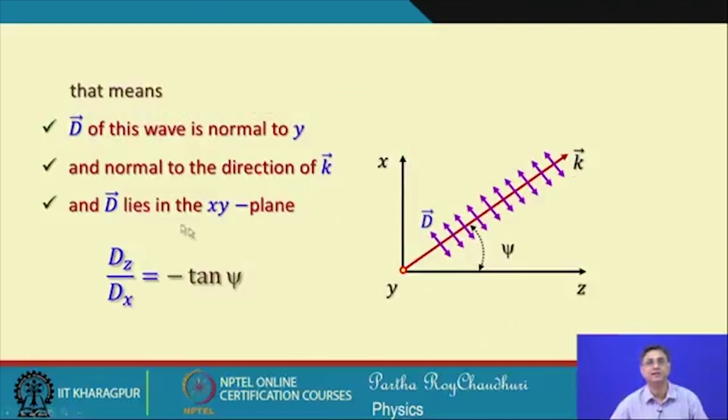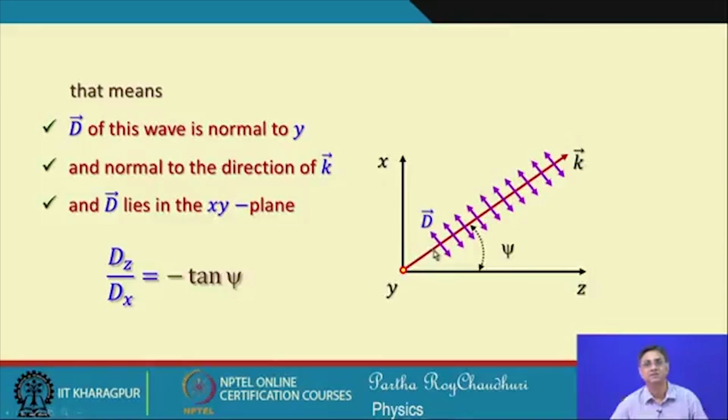So, you can see that if you consider the second solution, that is 1 by n omega square 2, this solution will give you a polarization where the electric field vector, the displacement vector, lies in general in the x z plane, and if you decompose this into two components dx and dz, this will be dz.